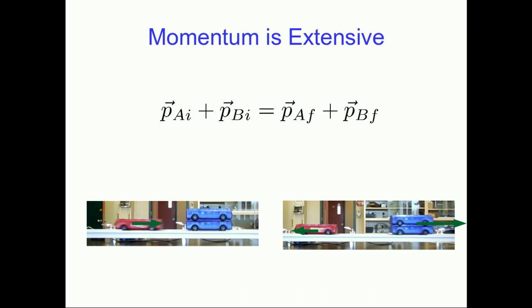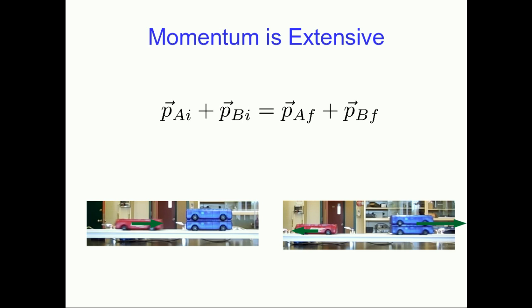So we know, now that we can write p as a vector, that we can write our law for the cart collision this way, that the initial sum of the p's equals the final sum of the p's. So think of what that means.